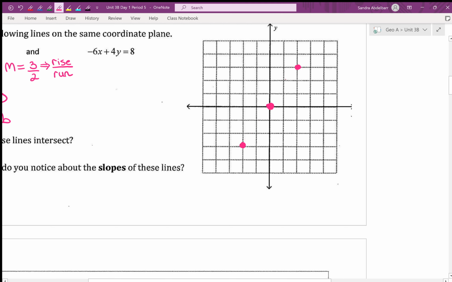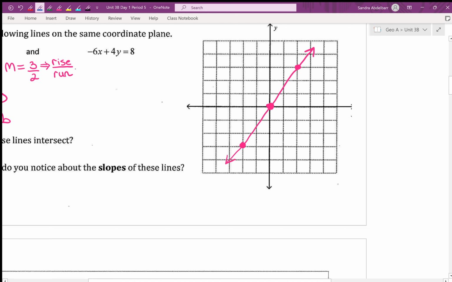Line tool's not working out for me. I tried to do a line and it didn't fit like a perfect line. Yeah, I don't know why mine's not. It keeps going off. 1, 2, 3, 1, 2, 3, 1, 2. Okay, that's good. Okay, so now we need to graph the other line.